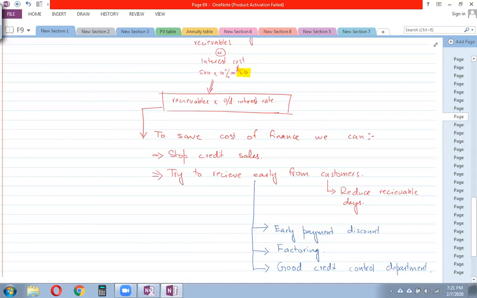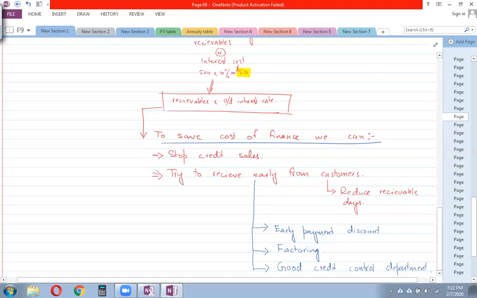Yes, you can do the credit check of the customer. You only give credit to those customers who are worthy of paying you back on time, right? So yes, there are different ways to reduce your receivable days, and this will actually give you savings of the finance cost. But there are pros and cons for everything.